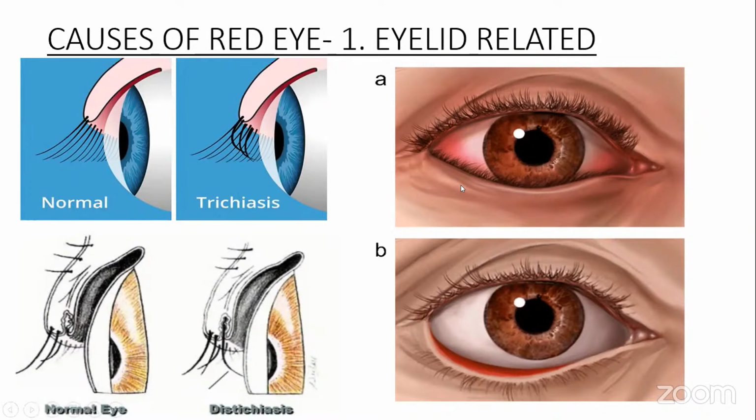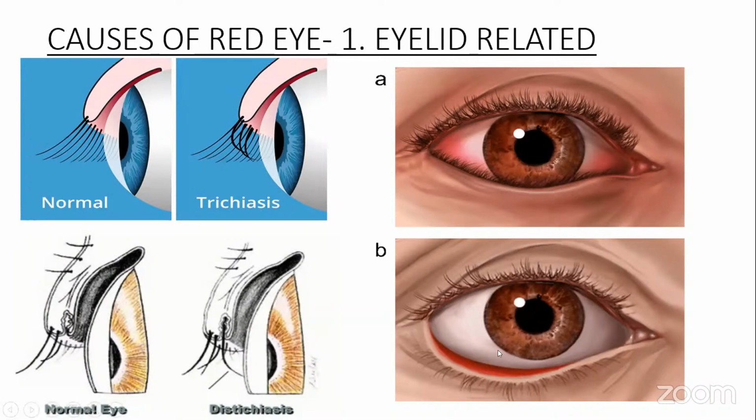So that one can also make the eye red. And then normally the lashes open and close and shut in a very unique fashion, just so that the tears on the eye will rub fully on the eye surface. But in some cases, as shown in the right photograph A, you would have the lashes turning, the eyelid turning inward. That can also give redness.